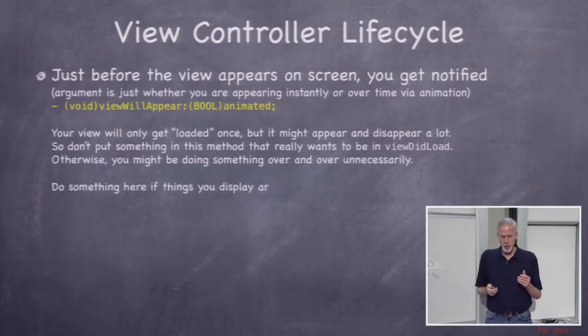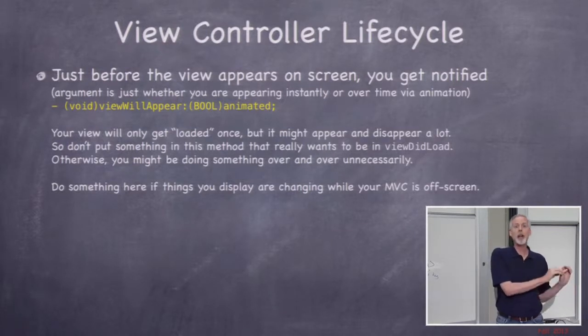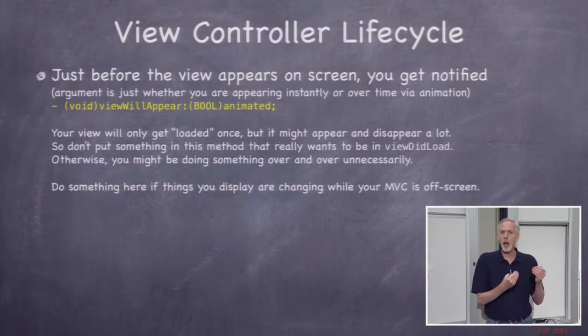Well, one thing is, if there's some initialization you need to do based on some data that might have changed while your view controller's view was off screen. Okay, so like your model. Something changed in your model, your view controller was off screen, so it wasn't really listening for changes in the model, and then coming back on screen, you better sync up with the model. Does that make sense?